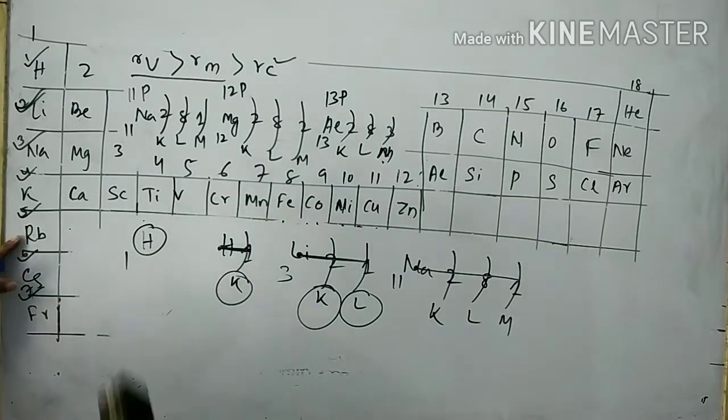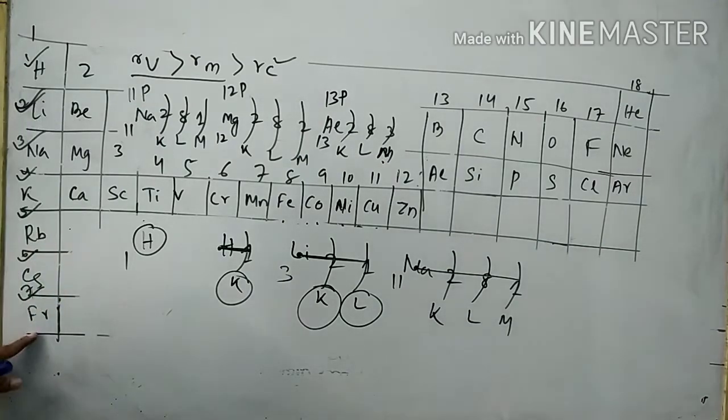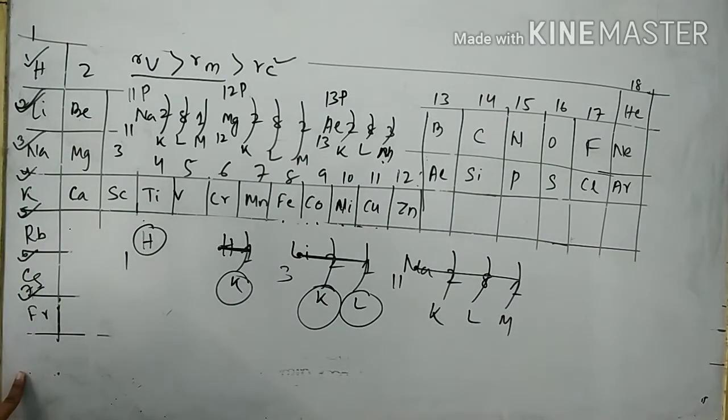In rubidium, a fifth cell will be added extra. In cesium, a sixth cell will be added as an extra cell. In francium, a seventh cell will be added as an extra cell. That means the number of cells goes on increasing from top to bottom. As a result, the atomic radii goes on increasing from top to bottom.